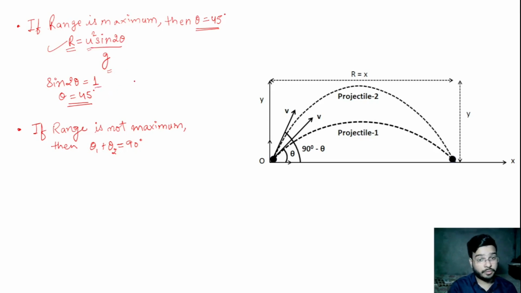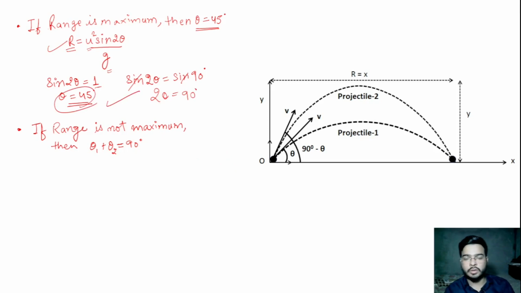So when will sin 2 theta be maximum? Sin 2 theta is maximum at 90 degrees. So here 2 theta is equal to 90 degrees, so theta is equal to 45 degrees. Okay, so 90 divided by 2 is 45 degrees, which means if we throw any object at a 45 degree angle, the range will be maximum.